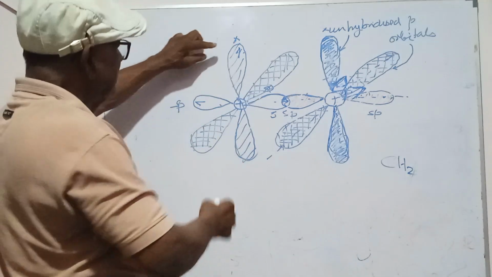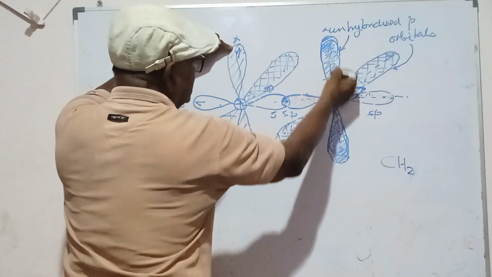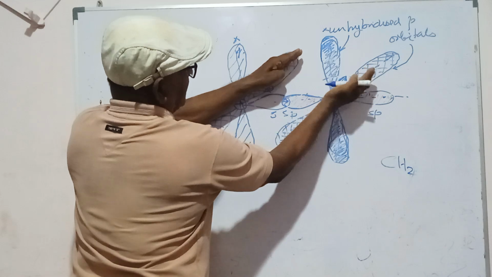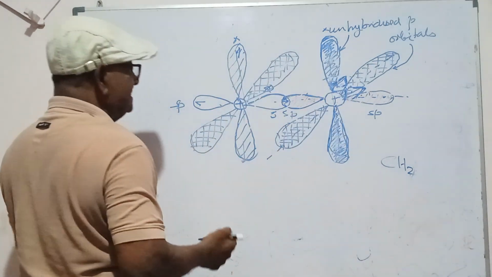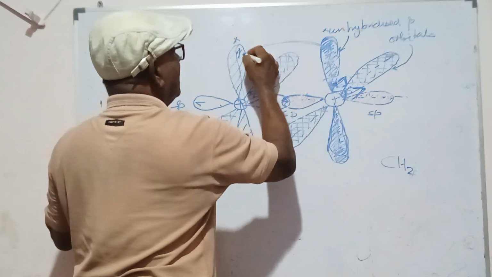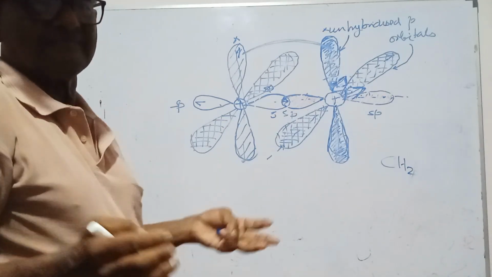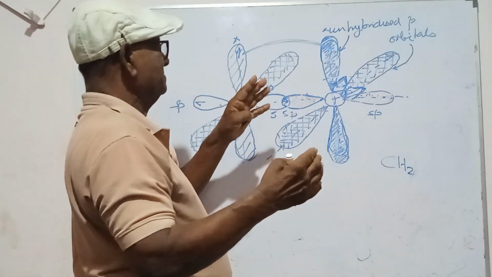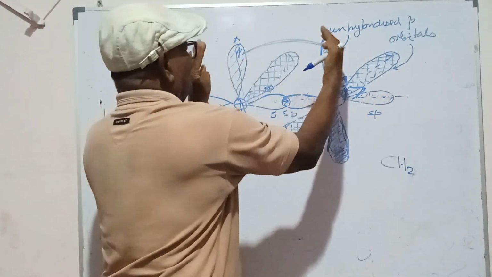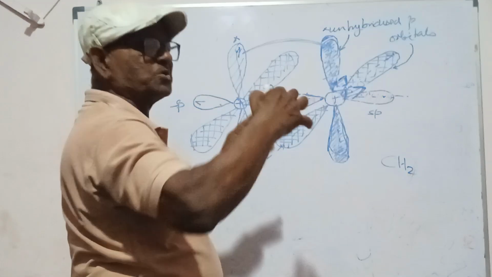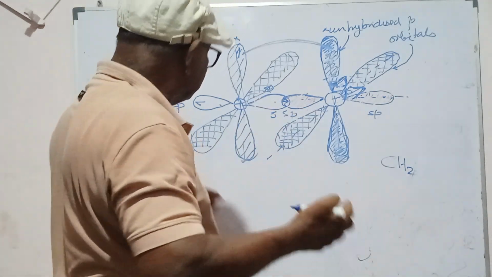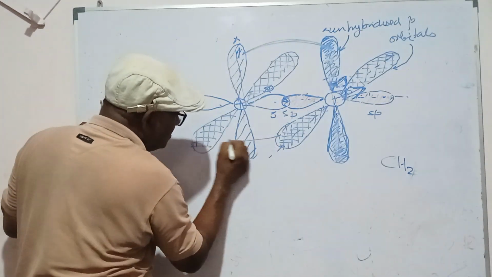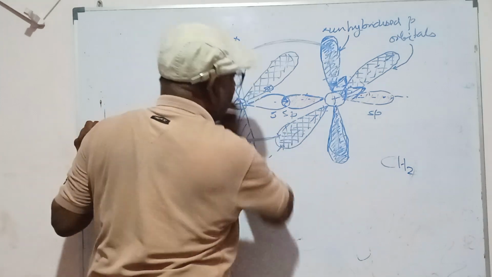So it is clear that these two planes are parallel to each other. These two planes are also parallel to each other. Then these two overlap laterally, because they are close to each other. So it is unable to be shown diagrammatically. Similarly, these two are also parallel to each other, and they also overlap laterally.